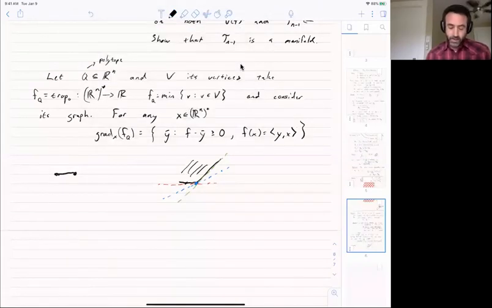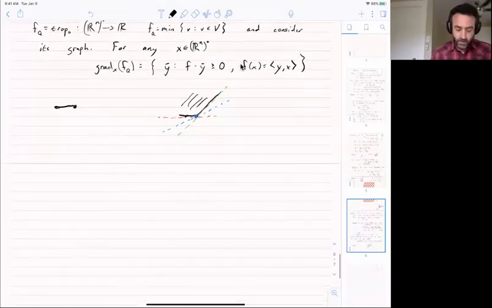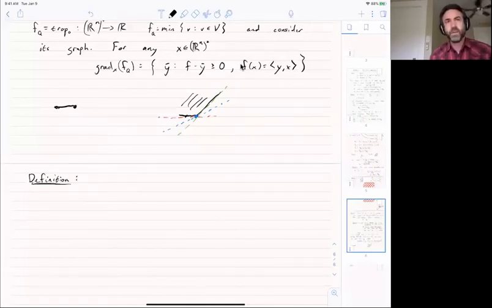Now with this, you can define the following subspace, which we called the total supporting tangent space.